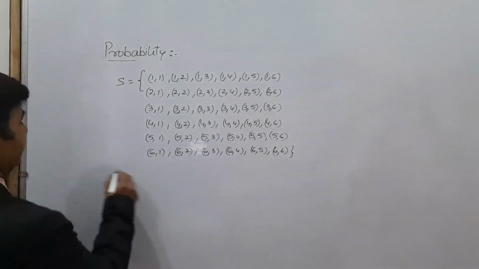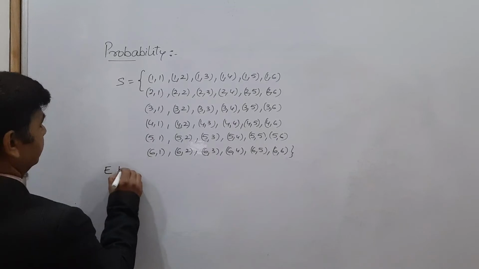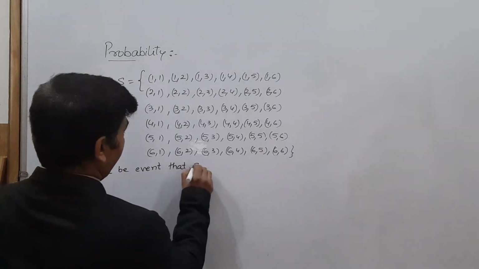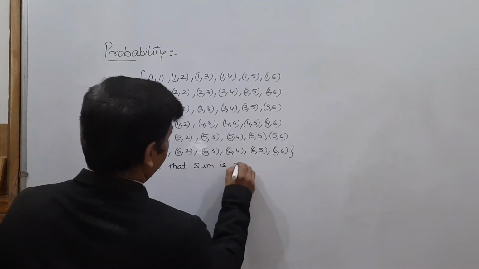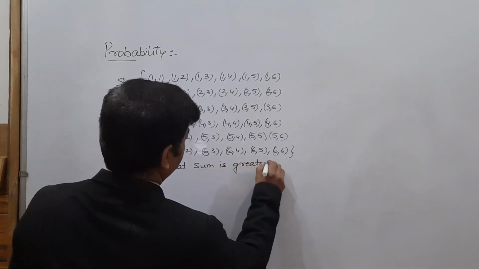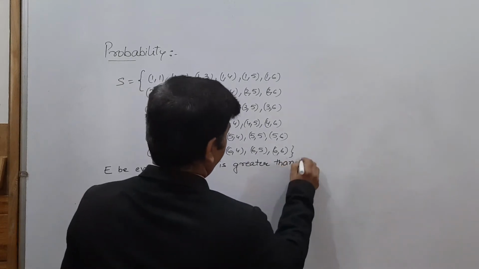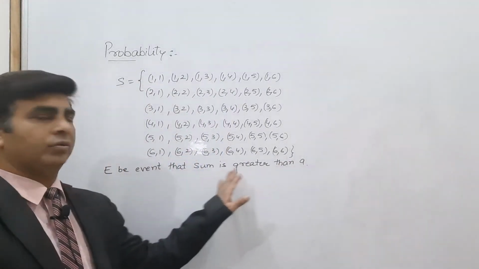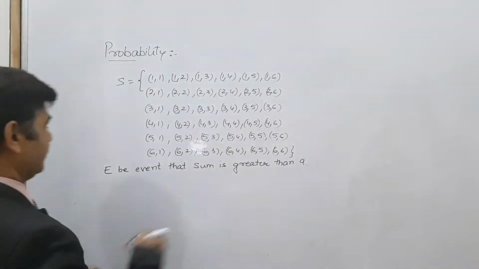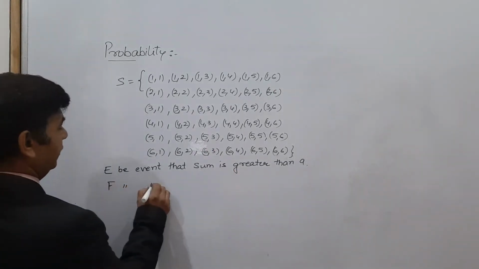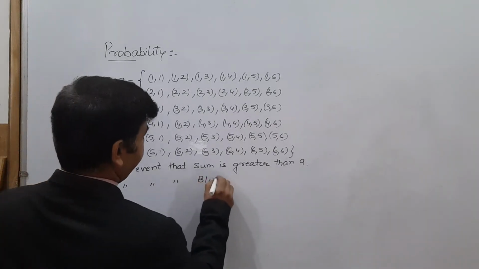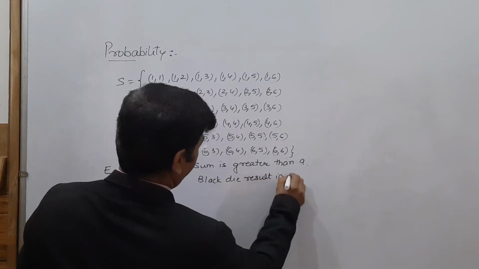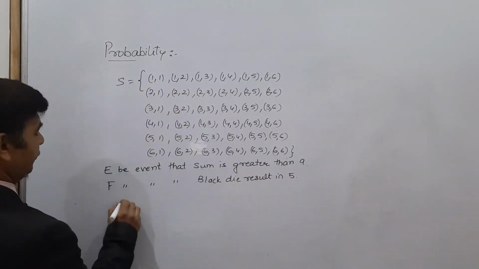So let me take E as the event that the sum of the numbers appearing on the dice is greater than 9, and F as the event that the black die results in 5.